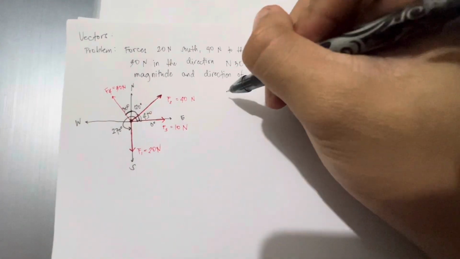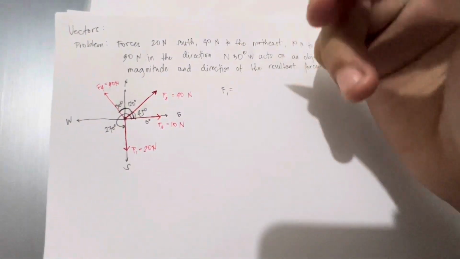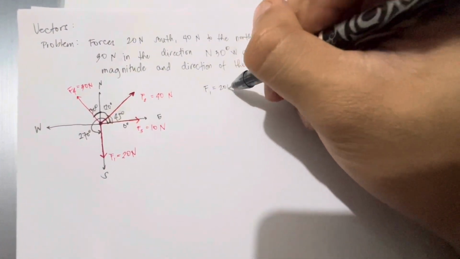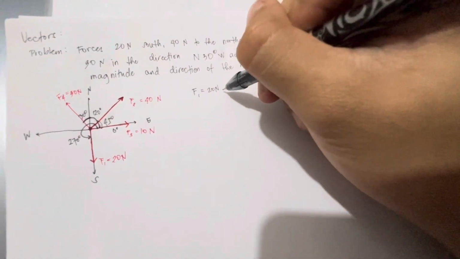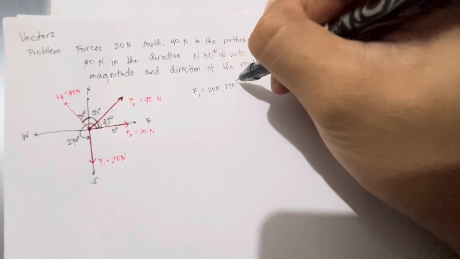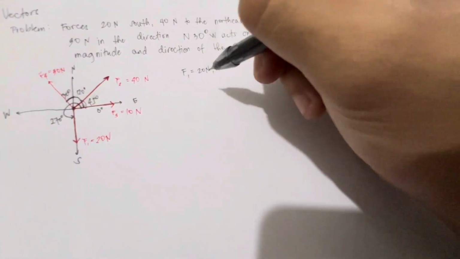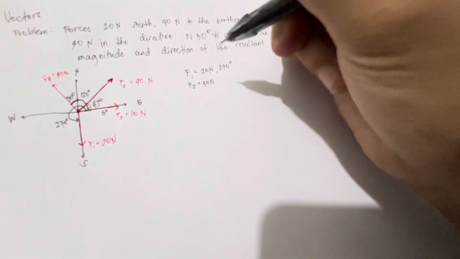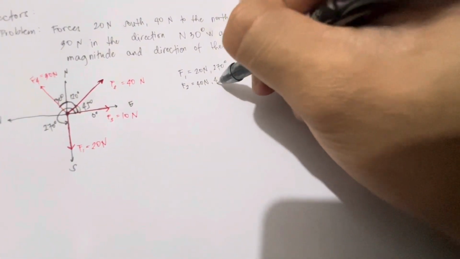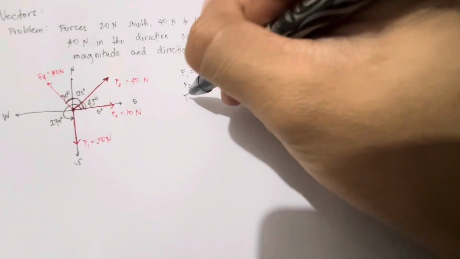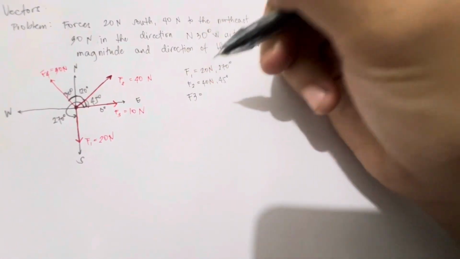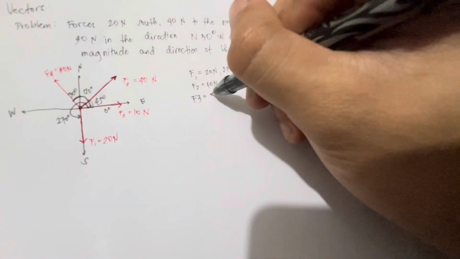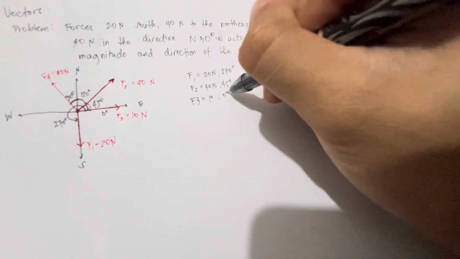Okay, so pwede nato na siya isulat. Force 1: magnitude is 20 newtons, angle is 270 degrees. Force number 2: 40 newtons, angle is 45 degrees. Force number 3: 10, and the angle is 0.